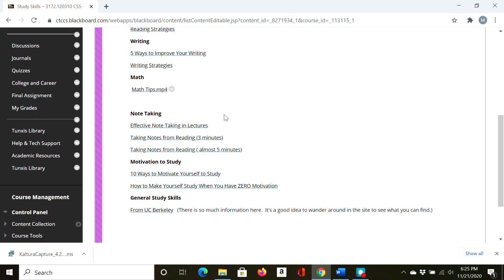Say you decide to write about 10 ways to motivate yourself to study. The person who responds to you should be someone who did not watch that, because when you post your discussion you pick an area where you have struggled. And when you respond, you pick an area where you feel you have some strength.